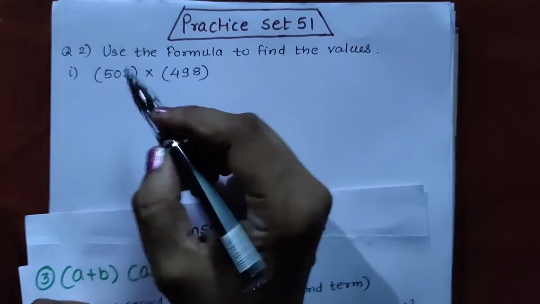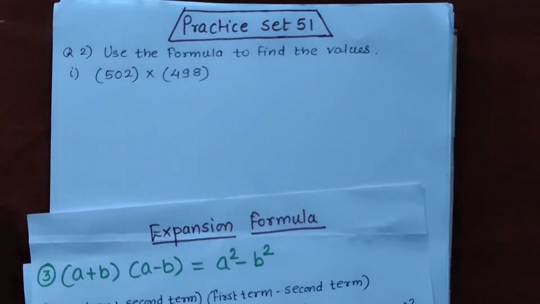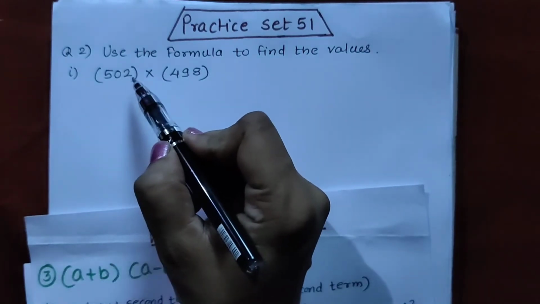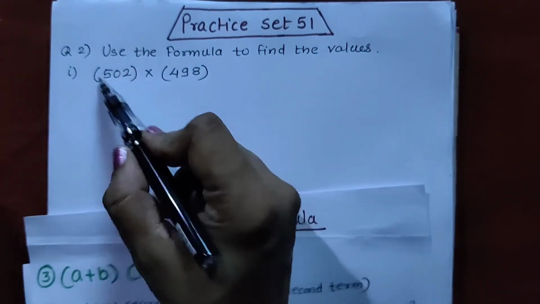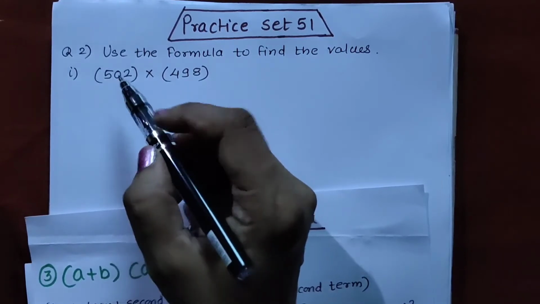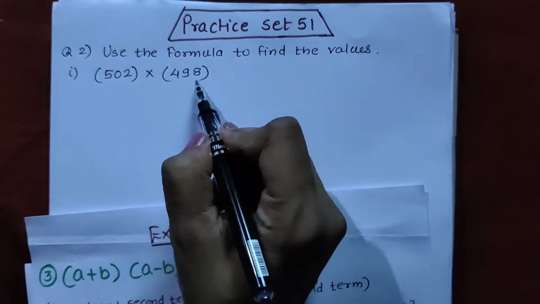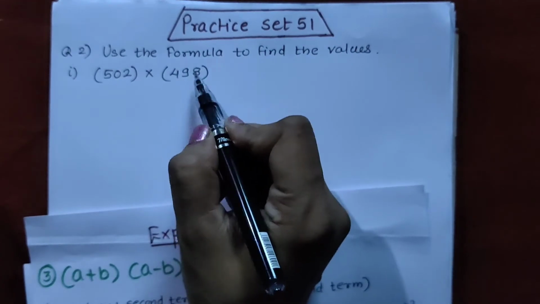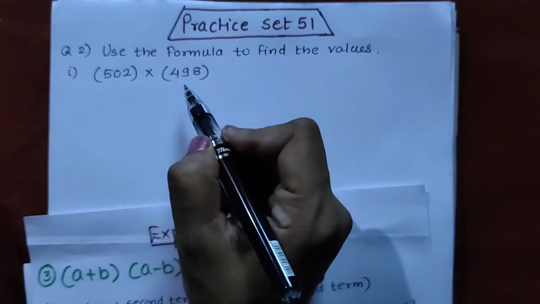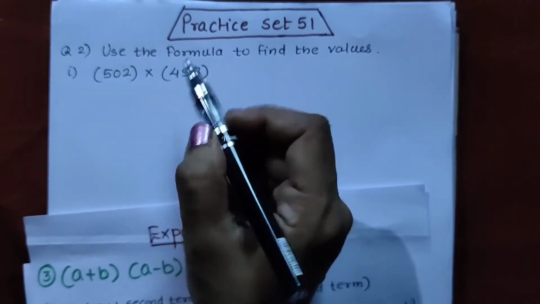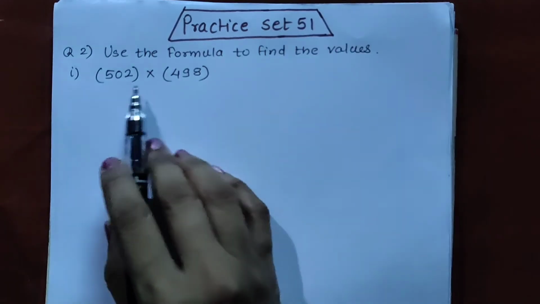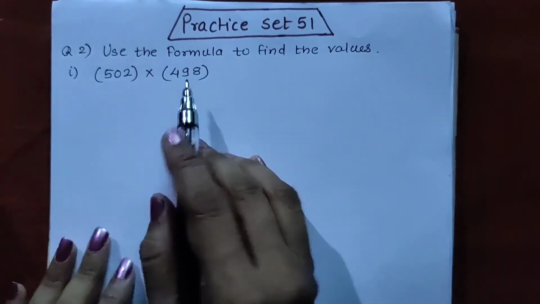As I have explained to you in practice set 51 also, when the unit place digit is 5 or less than 5, the number should be converted into the formation of addition. And when the unit place number is bigger than 5, the number can be converted into the subtraction of two numbers. So let us see how to convert this number into addition and this number into subtraction.